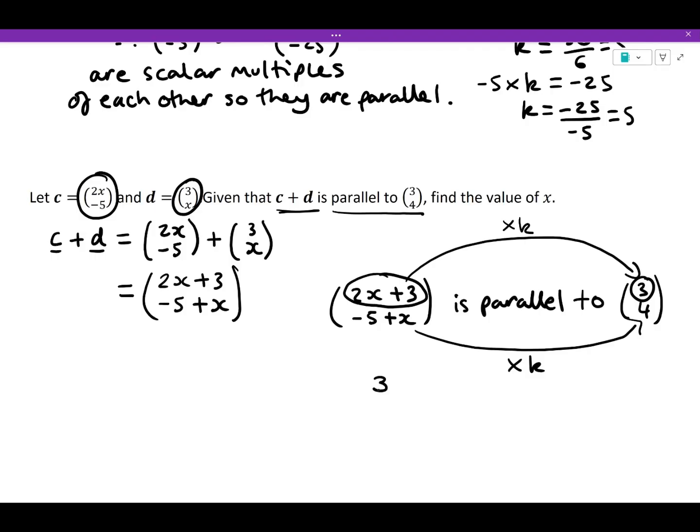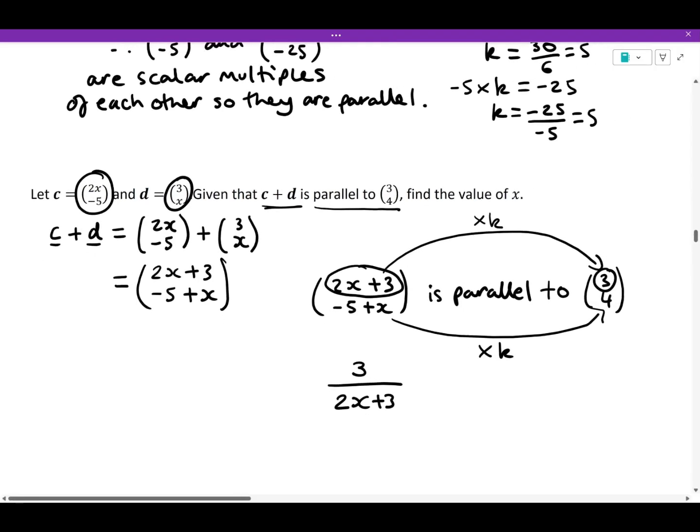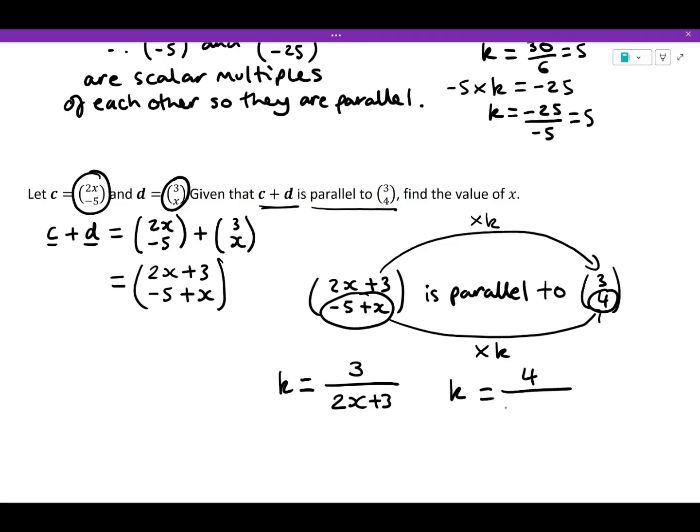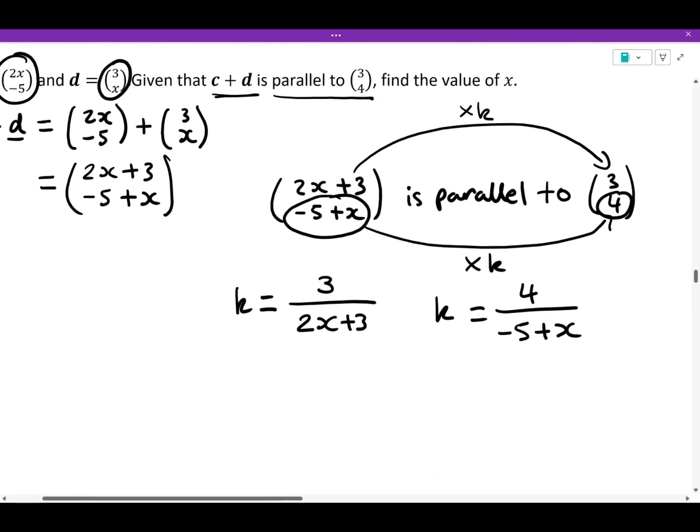Okay, so 3 divided by 2x plus 3, well, that would give me this value k. But also, if we consider my vertical components, in order to figure out k, I could do 4 divided by negative 5 plus x. So I can also say that k is equal to 4 divided by negative 5 plus x, like that. So I have two expressions for k, this one here and this one here.